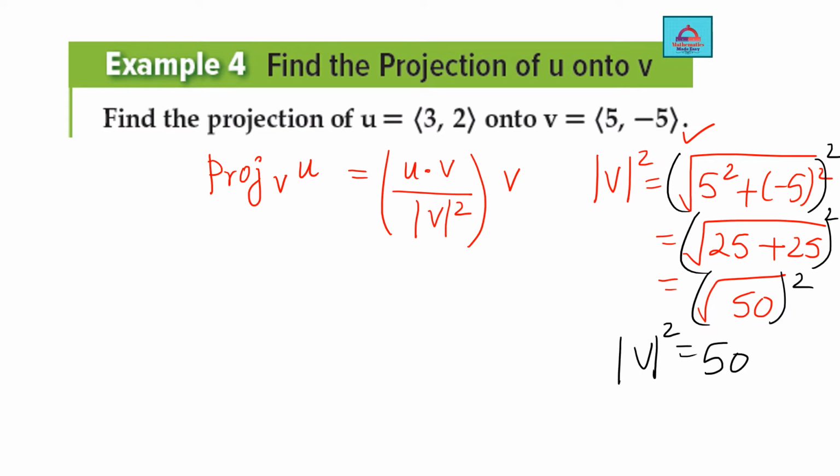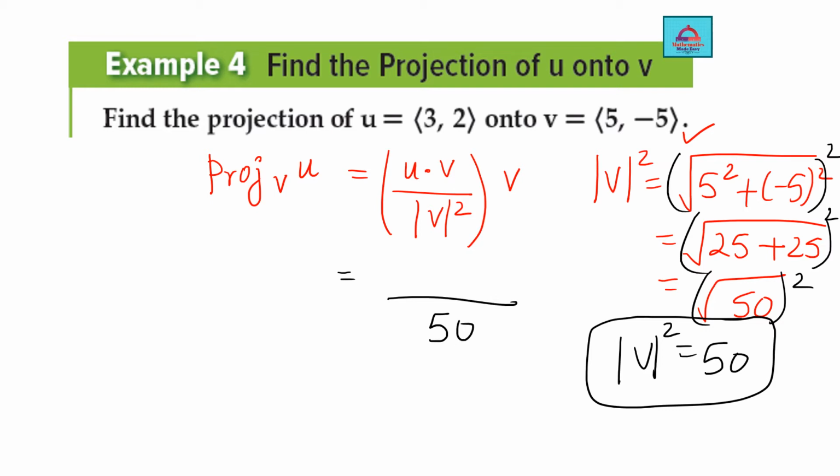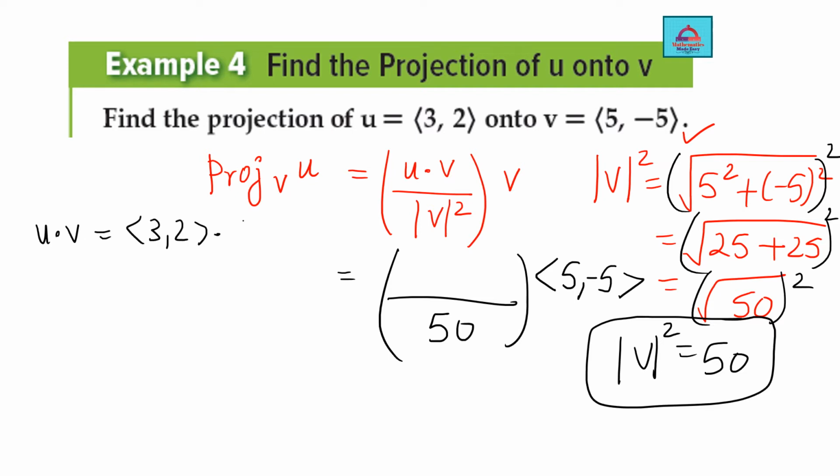So absolute value of v square or its magnitude. This denominator you have got as 50. Okay. What is vector v? Already given to you, 5 comma minus 5. I'm now just doing substitution. And now we need in the numerator u dot v, means this multiplied with this. I hope you have not forgotten from the previous video, part 1, how we do that. So 3 comma 2 dot product 5 comma minus 5.